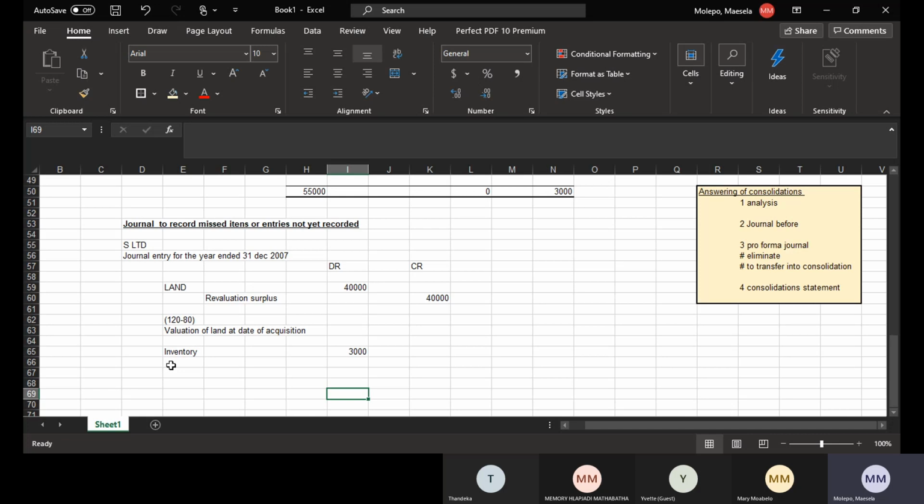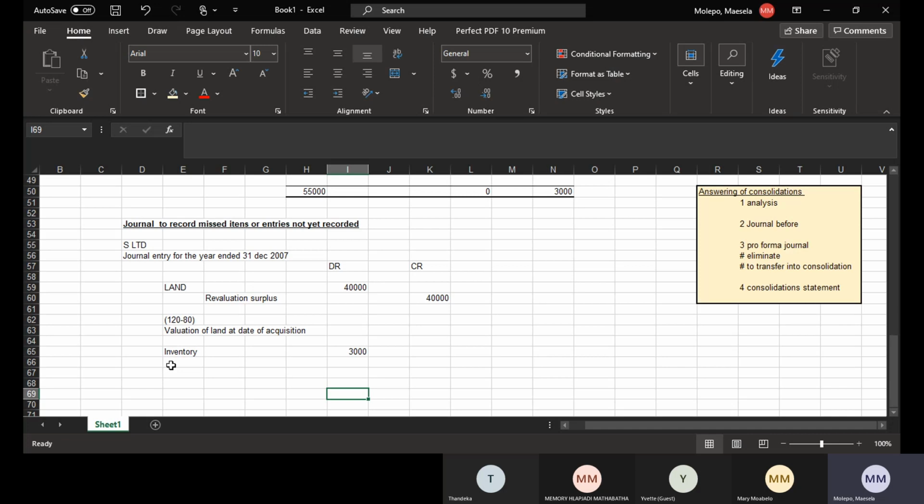So since P Limited has the highest current account, we need to increase the current account in P Limited, the one for S, from 5,000 to 8,000. So in order to achieve that, we're going to utilize that inventory.